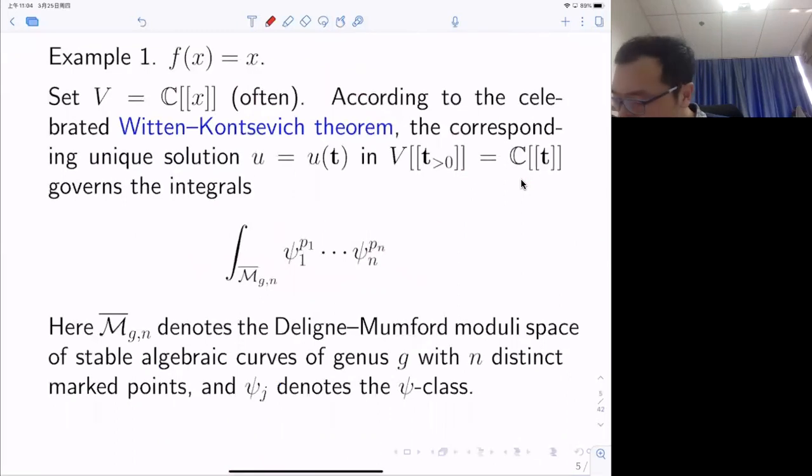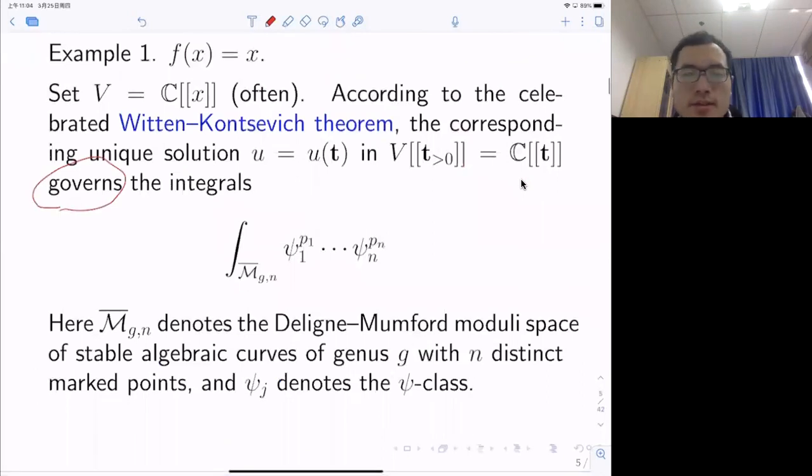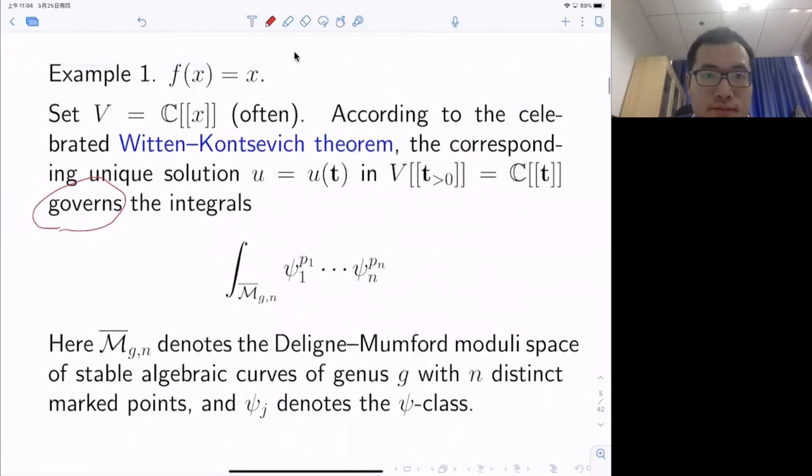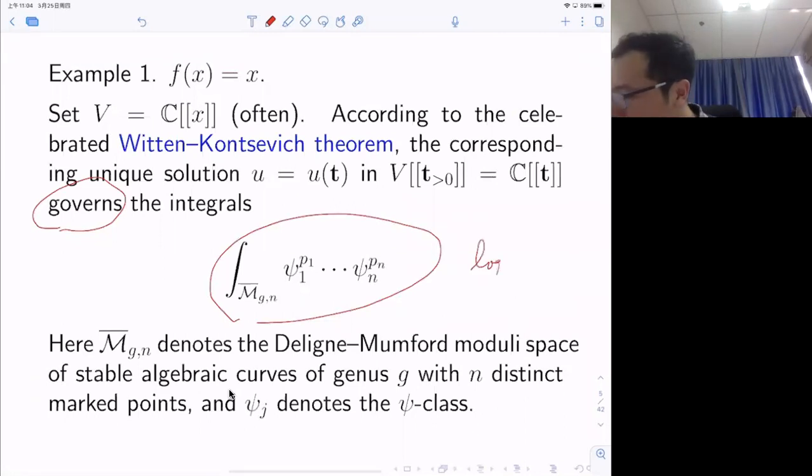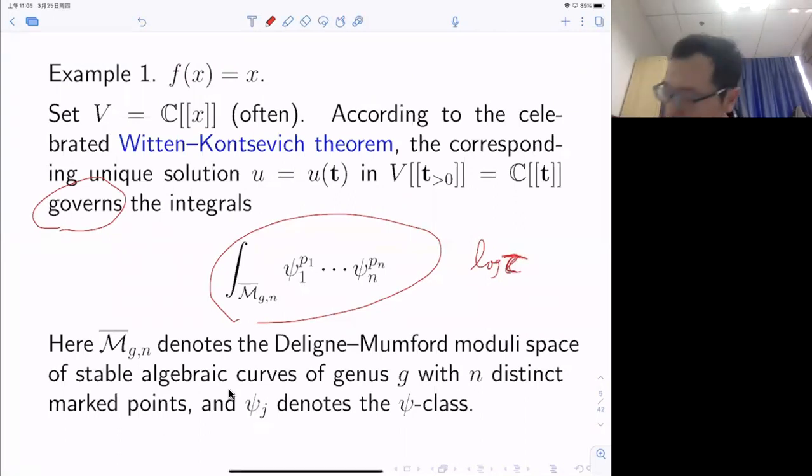Where is it written? So this means these integrals are actually the coefficients of log tau, which is actually what Professor Zhang just asked. So these coefficients are precisely the coefficients of log tau.